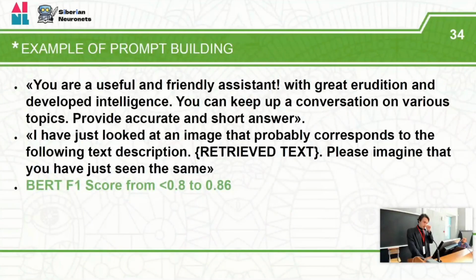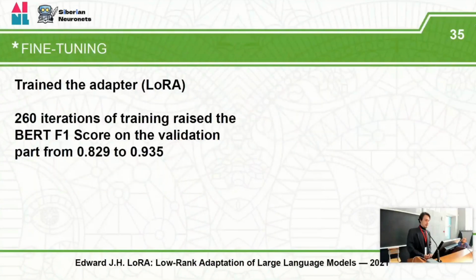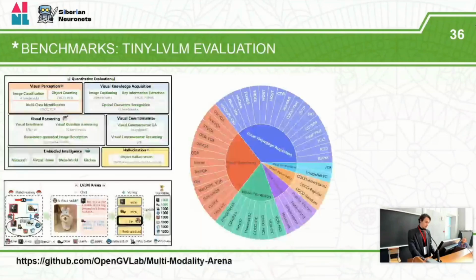And we built a prompt that persuades the model to believe that there is additional data, because a model without additional training cannot see or hear anything. After this prompt, we improved our best score more. And in a small fine-tuning experiment where we trained an adapter, it showed us that we can also adapt our models to answer in the paradigm of seeing and hearing things.